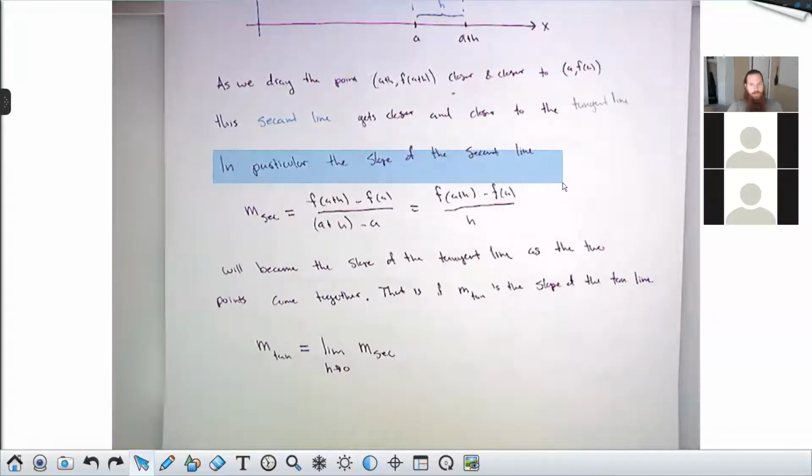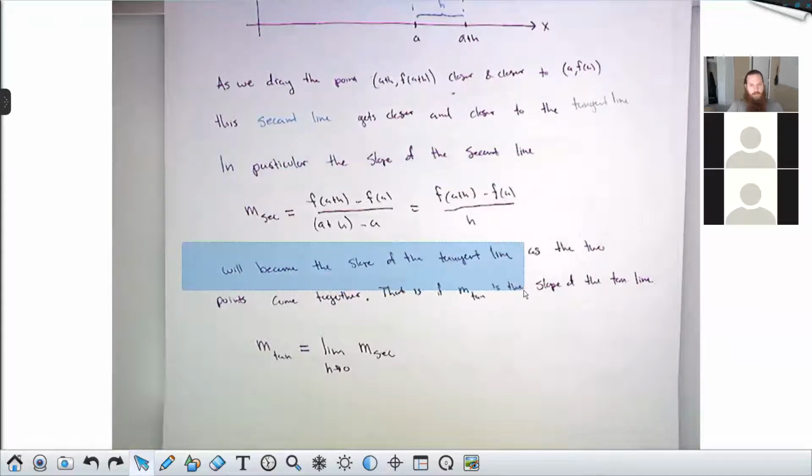So he said the slope of the secant line will become the slope of the tangent line as the two points come together. Those two points coming together means you're sending the distance between them, which is h, to 0. So the slope of the tangent line is equal to the limit as h goes to 0 of the slope of the secant line. So you come up with a formula for the slope of the secant line, you send h to 0, and that will give you the slope of the tangent line.